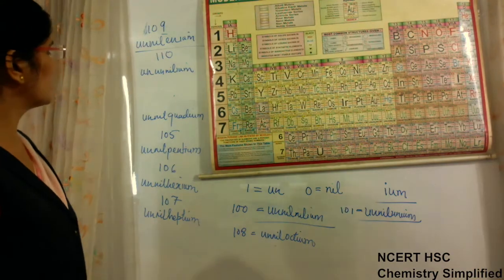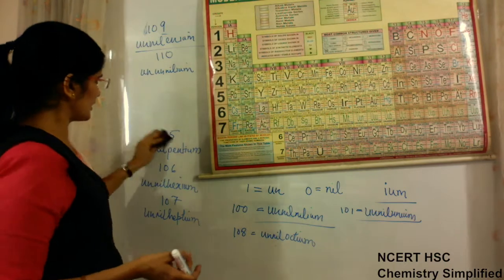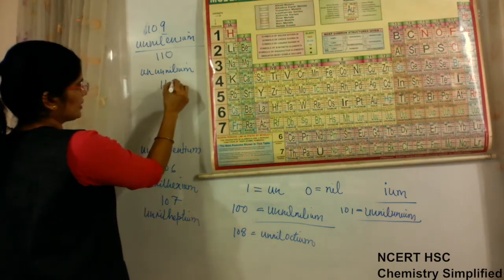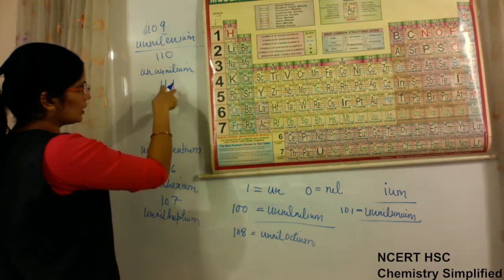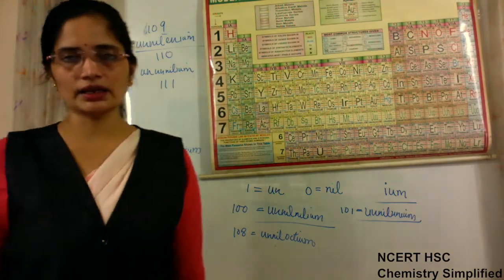Unnilnilium is 110. Again it will start the same, so the only thing you have to remember is that if it is 111 it is un three times and ium, so unununium is 111.